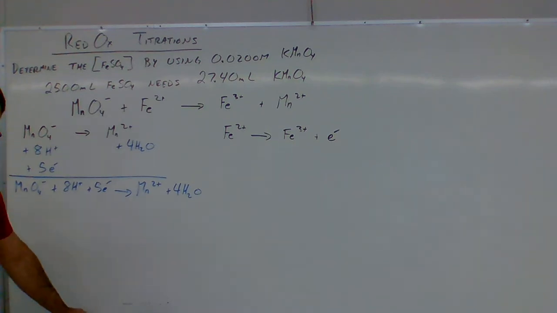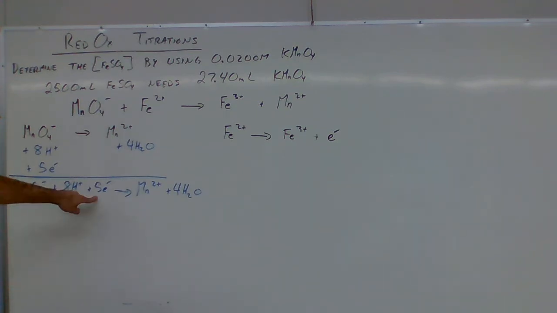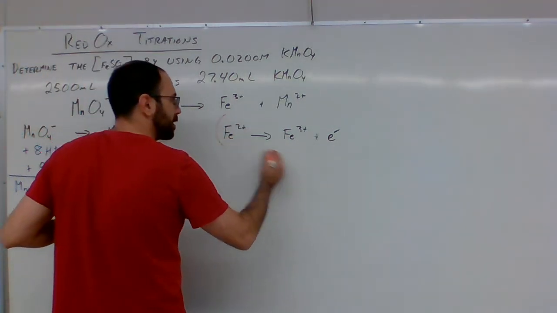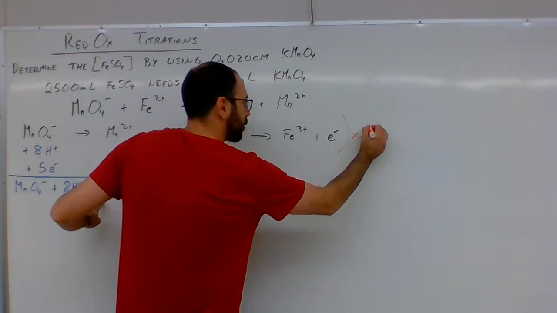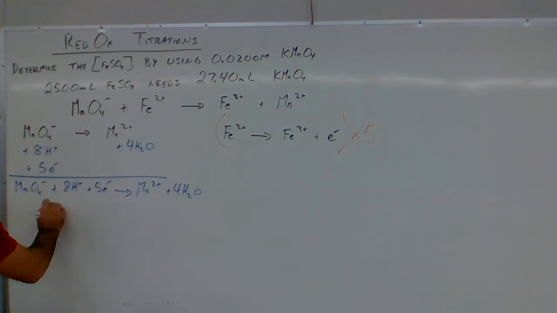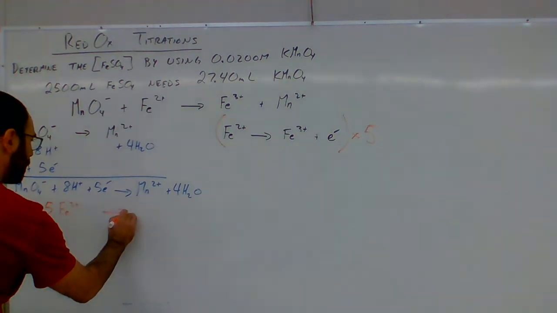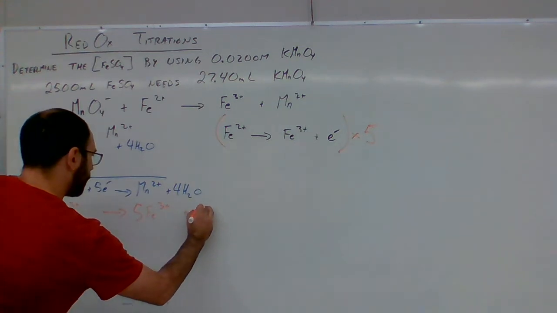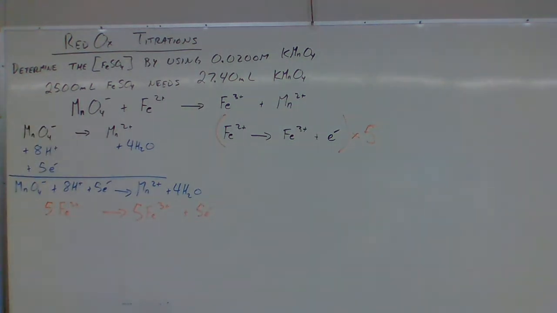Remember back to those examples we did earlier: once I've balanced out my two half-reactions, I've got to balance out those electrons. I have 5 electrons as reactants in this reaction and 1 on this side, so I'm going to take this whole reaction times 5. I can then add that in, and I have 5 Fe2 plus going to 5 Fe3 plus plus 5 electrons.